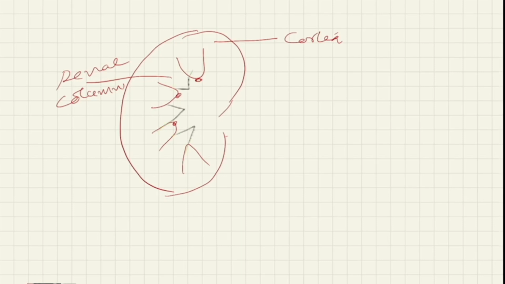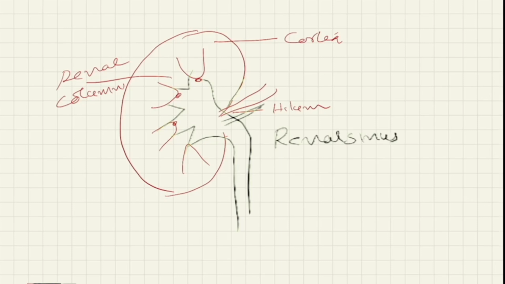Usually 3 major calyxes are there: the upper, middle and lower. From them the pelvis is formed and the ureter is coming out. The inner aspect where the vessels are entering and the ureter is leaving is the hilum. The part of the pelvis with the blood vessels is the renal sinus.